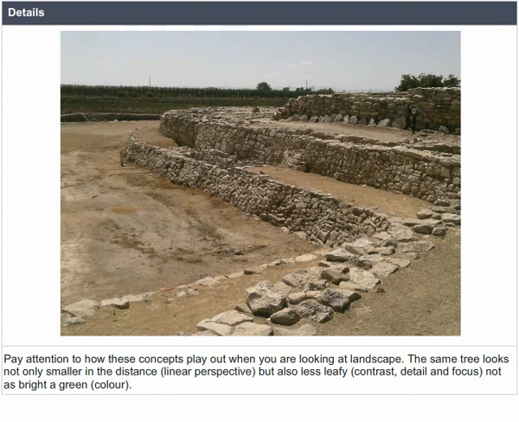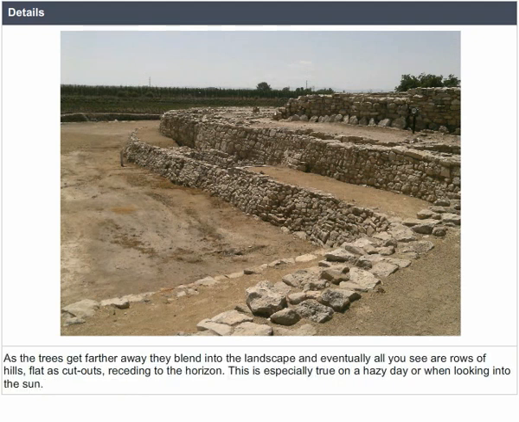The same tree looks not only smaller in the distance, linear perspective, but also less leafy, contrast, detail and focus, and not as bright a green color. As the trees get farther away, they blend into the landscape and eventually all you see are rows of hills, flat as cutouts, receding to the horizon. This is especially true on a hazy day or when you are looking into the sun.